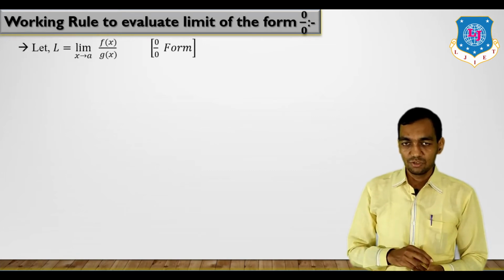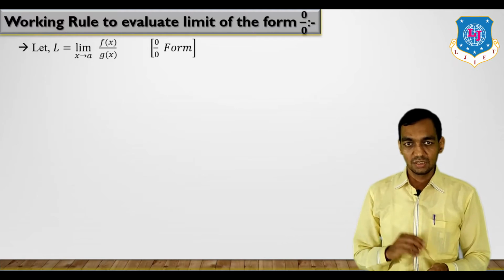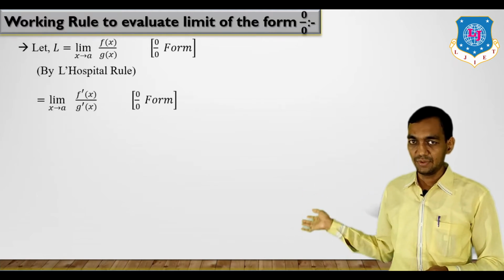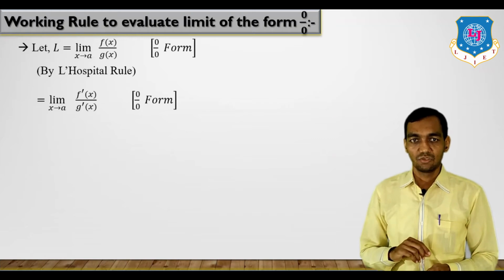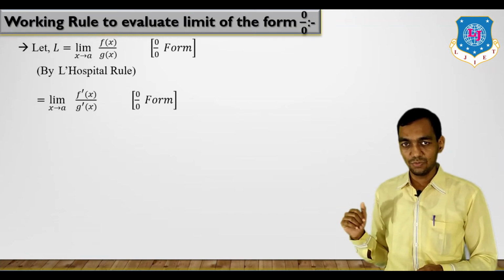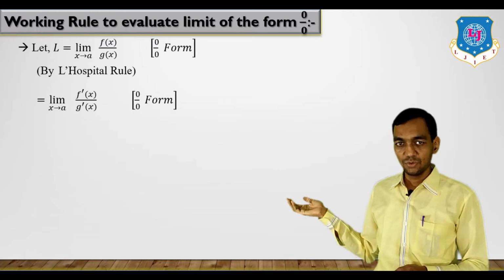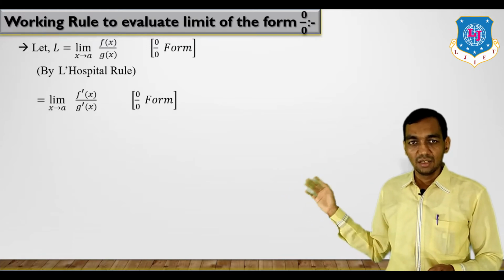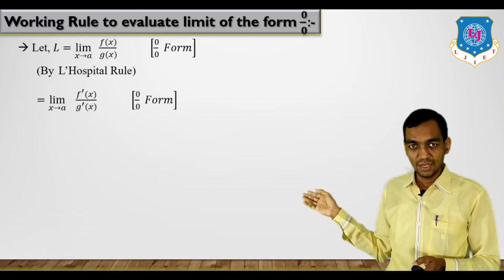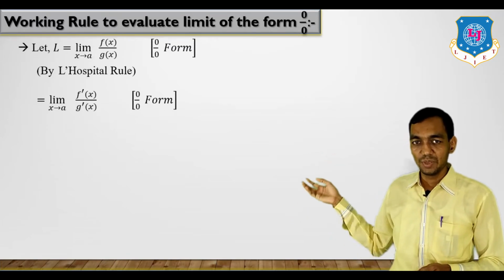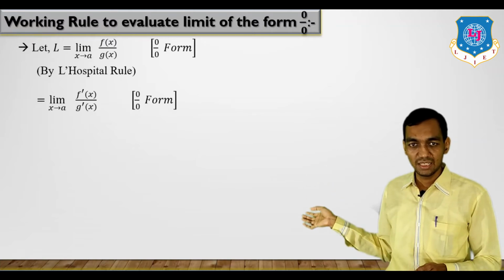Now, what are the working rules for the 0 by 0 form? Suppose capital L is equal to limit x tends to a f x divided by g x. So we are going to apply L'Hopital's rule. If it is 0 by 0 form, then that will give you limit x tends to a f dash x upon g dash x. Again, if it is still 0 by 0, then again we apply L'Hopital's rule. That will give you limit f double dash x upon g double dash x.